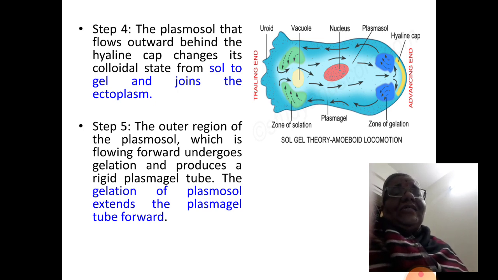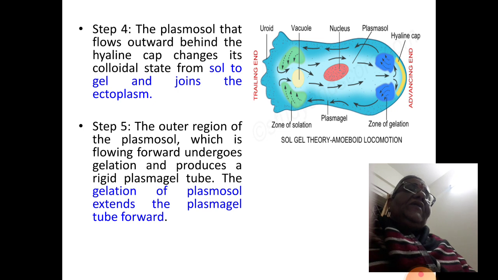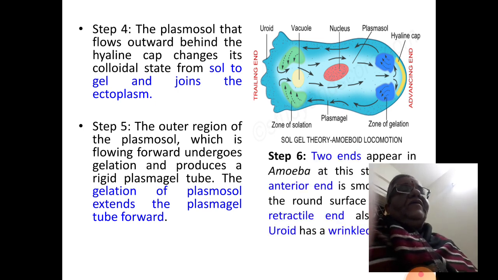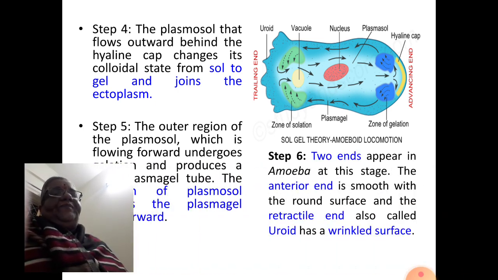That is the region where the plasmosol loses water and becomes gel and joins the ectoplasm, and that zone is called the zone of gelation. When this is happening, water is released, and because of the pressure, the pseudopodium further grows.